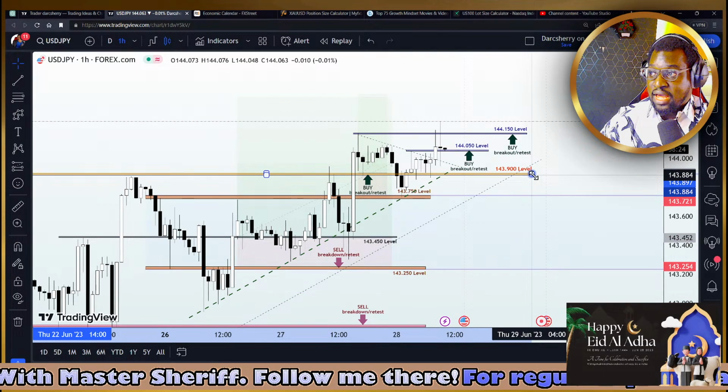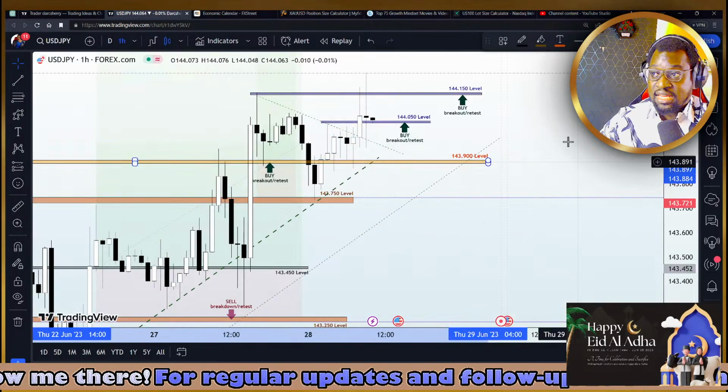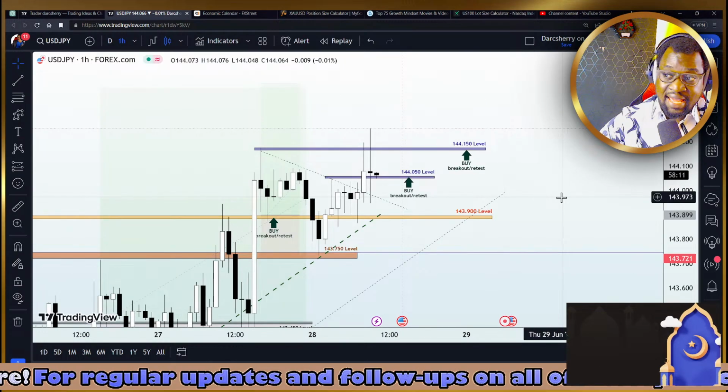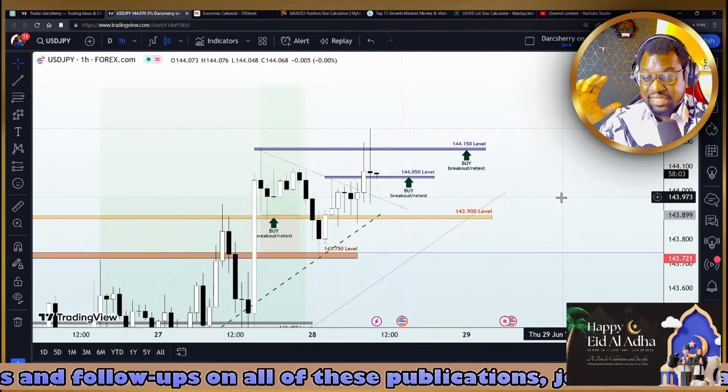143.900 area. With the situation we have here, I already identified two key levels that we are going to be using to buy the USD JPY. It's looking very bullish at this point, anywhere above the 144.050 and the 144.150. We definitely want to have a buy stop order around this area to capture this move all the way to the upside.